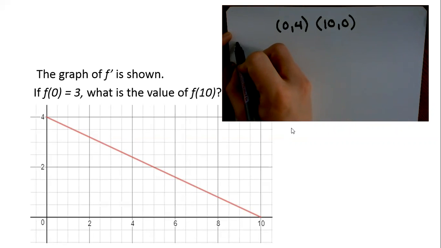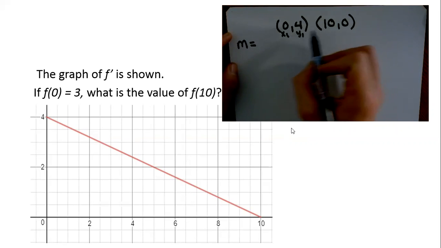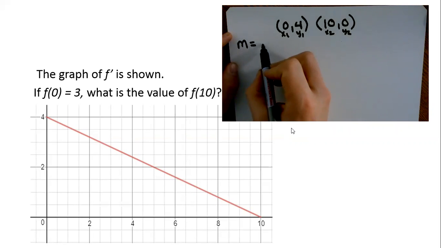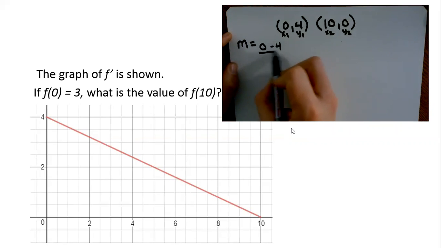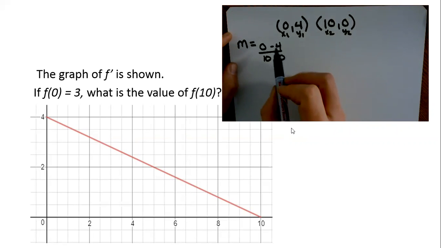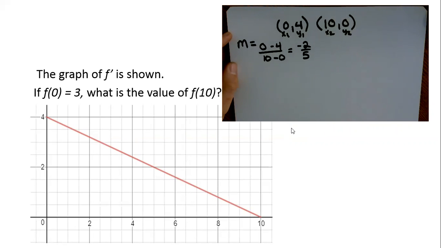So to find my slope, if x1, y1, x2, y2, I have y2 minus y1 over x2 minus x1, which gives me negative 4/10 or negative 2/5. So my slope of that line is negative 2/5.